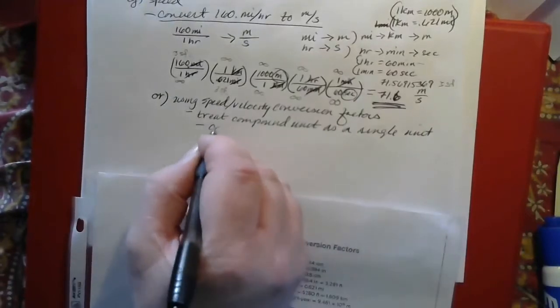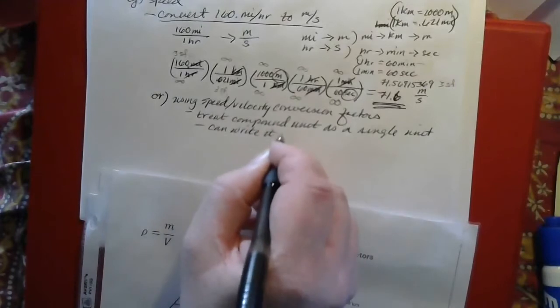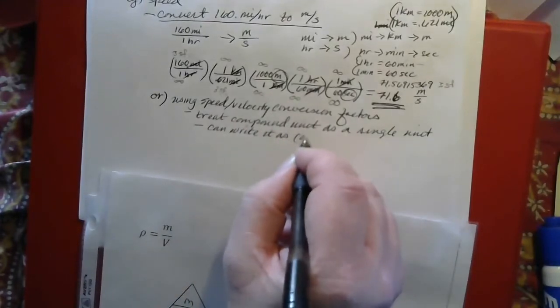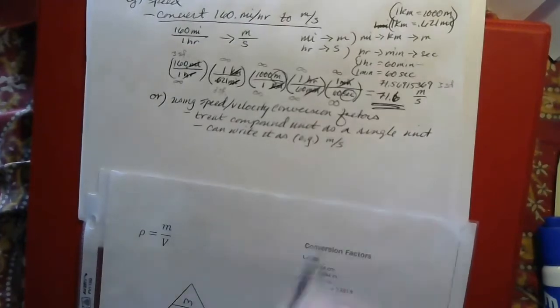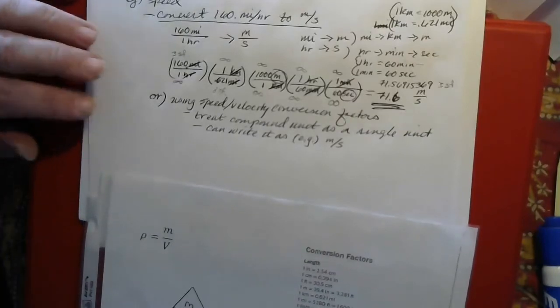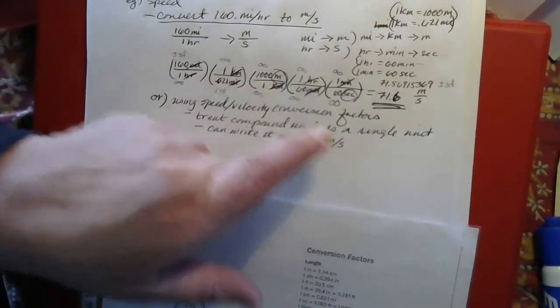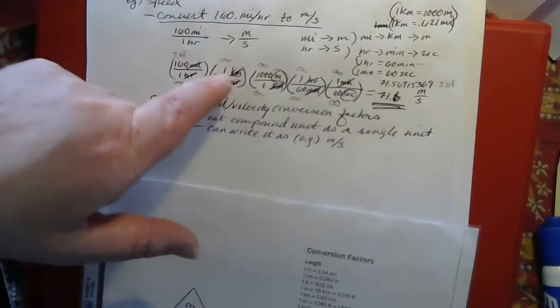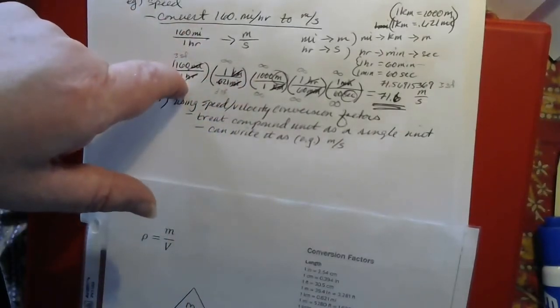And when you do that, you can write it, for example, as meters/seconds. In fact, if you're using the speed or velocity conversion factors down toward the bottom of the conversion sheet, it usually works better if you do it this way. If you're going to convert each unit one by one, then you want to write it as one unit over the other to begin with.